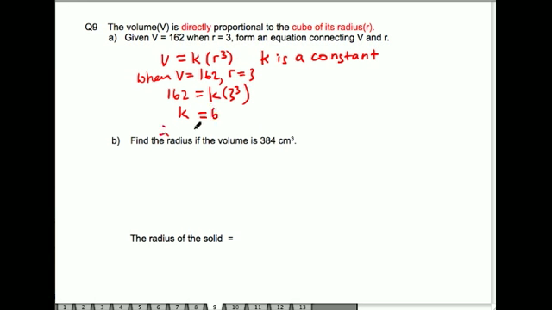Therefore, the equation is V equals the known value of k times r cubed.